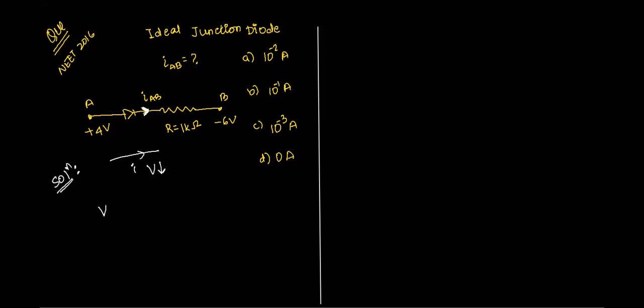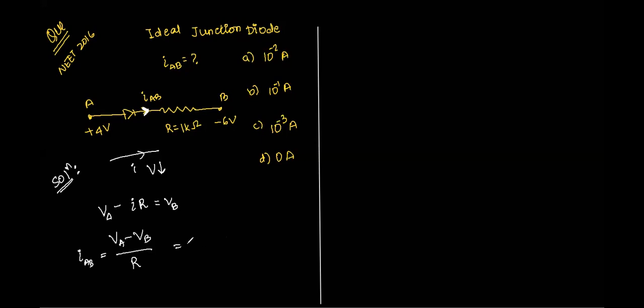So we will start from voltage at A. VA minus of I into R. Which I? Of course, the current in the circuit. This is making you reach the point B. Very simple. Therefore, VA minus VB whole by R is giving you IAB.